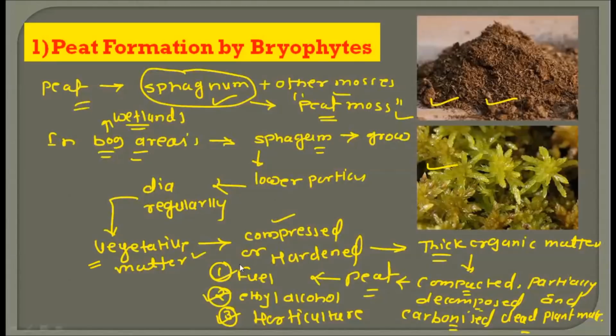Each passing year, new vegetative matter is added, and due to this compression, vegetative matter got hardened and thick organic matter is formed. This thick organic matter, which is compacted, partially decomposed, and carbonized dead plant material, is called peat. And this peat can be used as a fuel, in the production of ethyl alcohol, and in horticulture.